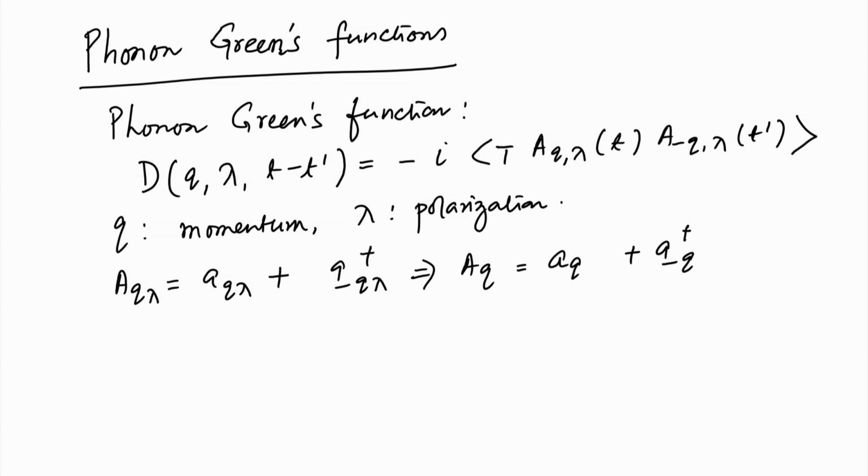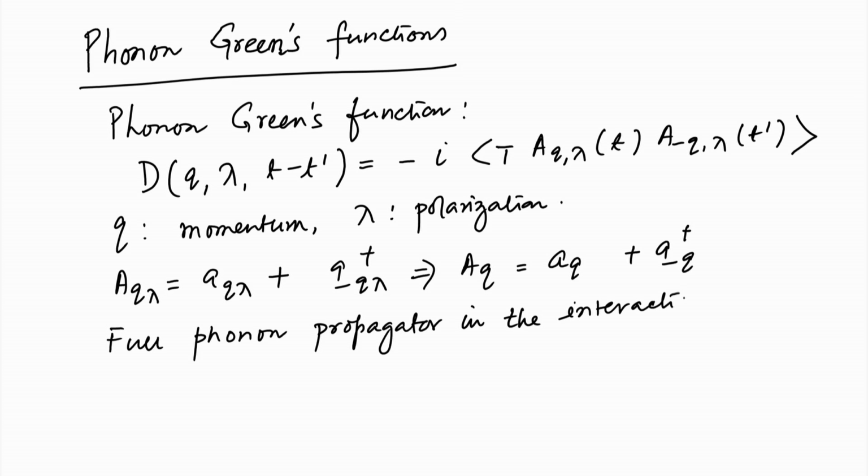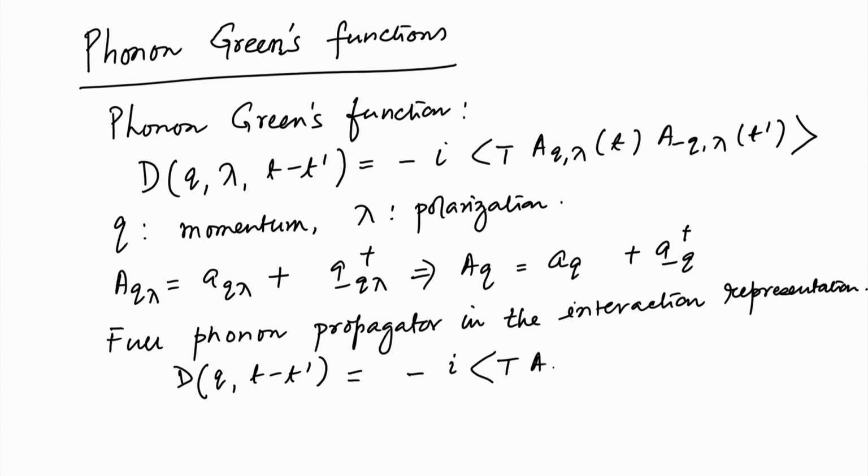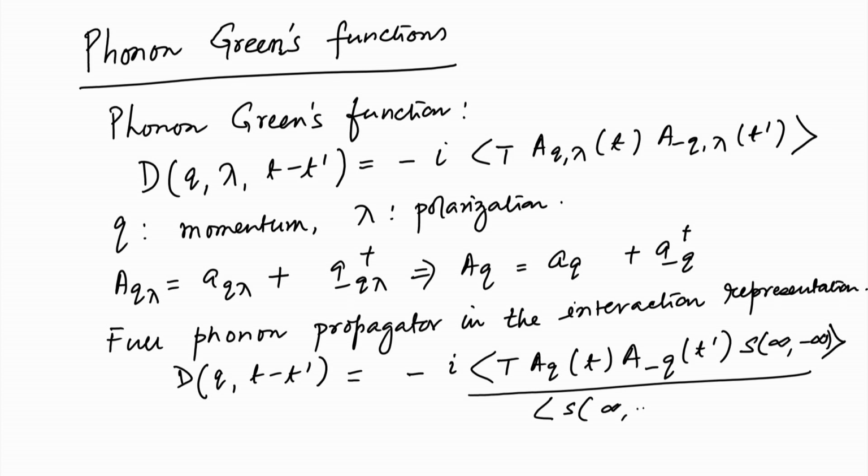So, the full phonon propagator in the interaction representation is written as D q, t minus t prime, equal to minus i times the time ordered product of A q at t and A minus q at t prime, with the S matrix, and this is the S matrix in the denominator.